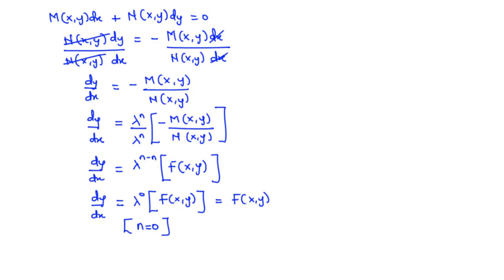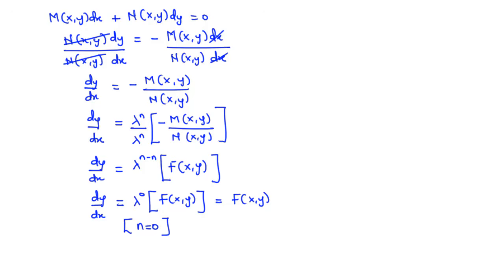So in summary, a differential equation of the form M(x,y) dx + N(x,y) dy = 0 is said to be homogeneous if the two functions M and N are homogeneous functions of the same degree. And the differential equation dy/dx = f(x,y) is also said to be homogeneous if the function f(x,y) is a homogeneous function of degree n = 0.